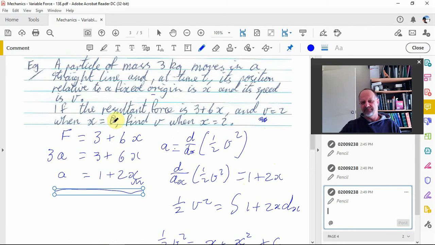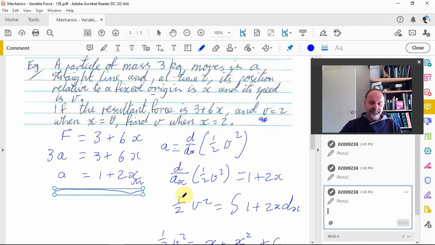We're going from x equals 0 at the start to x equals 2, so between 0 and 2, x would be positive. If x is positive, then in this expression for the acceleration, x is a positive number, times it by 2 that's positive still, and then add it to 1.